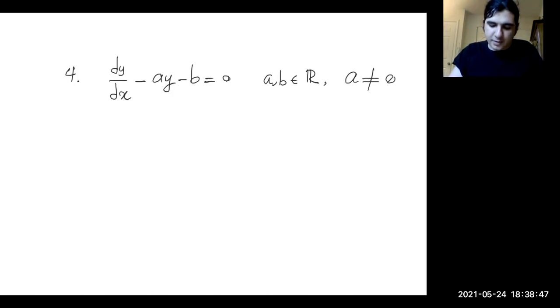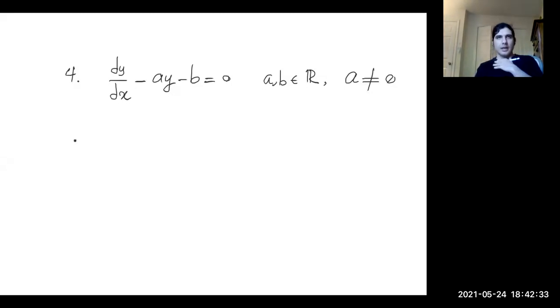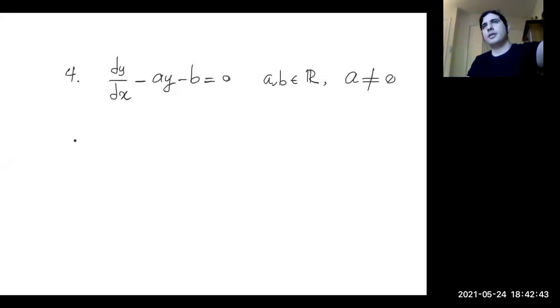Think about this one for a few minutes. Okay, let me start. Please look here. The difficulty is that b is something non-zero. If b was 0, we would have dy/dx equals a times y.